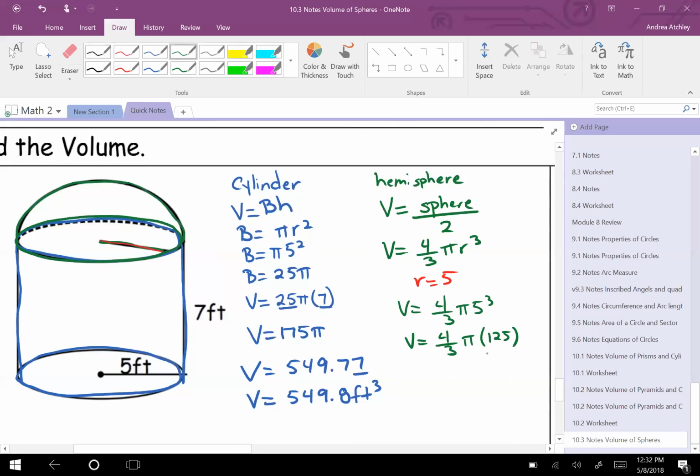Then we're going to multiply that by 4. So 4 times 125 is 500/3 pi. So I'm going to plug that into my calculator.